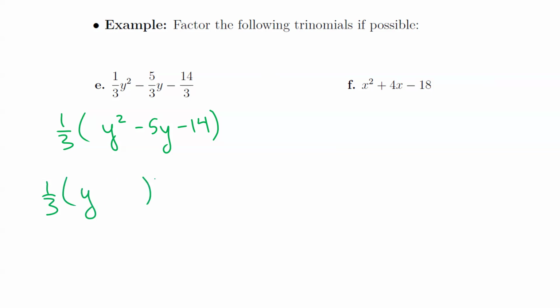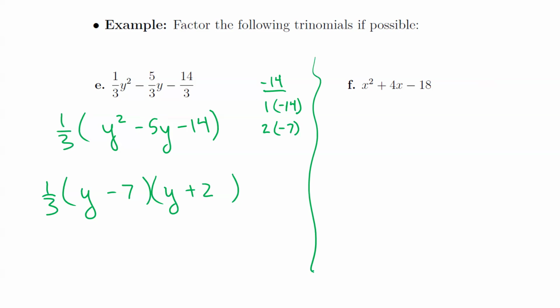So let's think about negative 14. This is a negative number here, so we're thinking about putting the negative on the larger value. Looks like 2 and negative 7 will do the trick. Negative 7y plus 2y does give me negative 5y, so there's my answer.